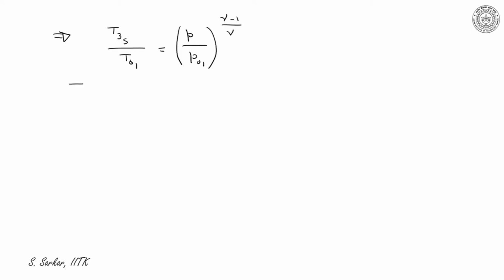Or I can write T3s is equal to T01 into P3 divided by P01 to the power gamma minus 1 by gamma.